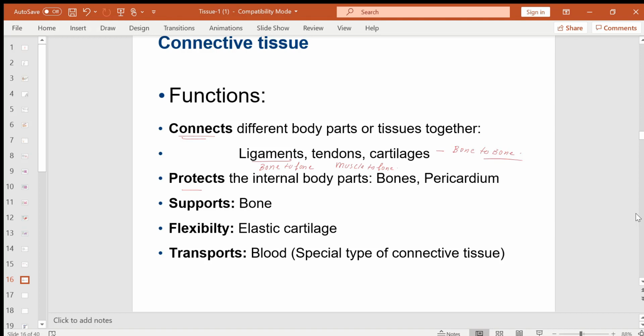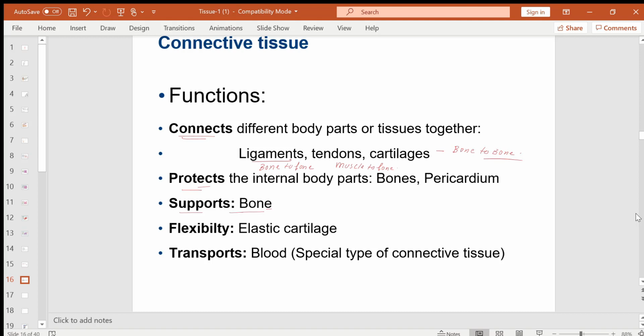So protection is an important function. Support. You know that the whole skeleton is formed by the connective tissue, right? Bones, cartilages, and the joints. So the whole body is supported by the skeleton or bones.